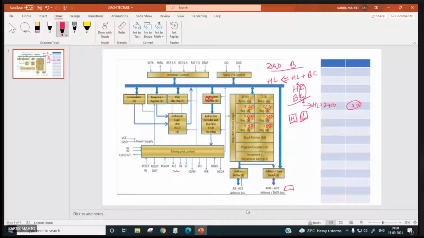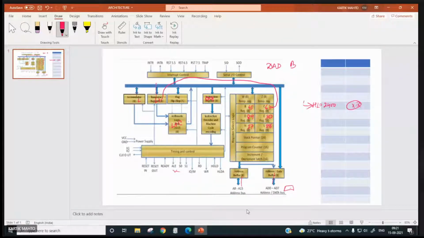So how will the processor do this? It will copy the C register here in temporary. It will copy the H register to the accumulator. Then the L register to the accumulator. Then L plus C will be done. The result will be stored back in the temporary.